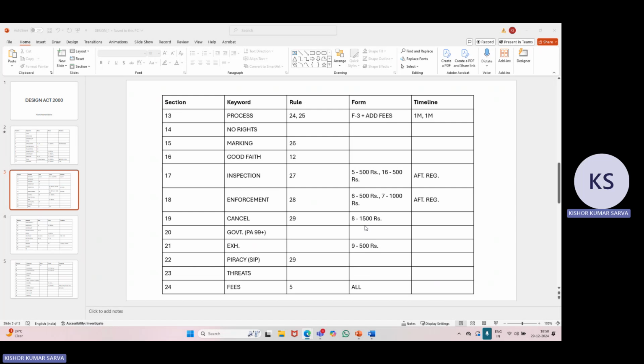That request he needs to put. After that exhibition, within 6 months, he needs to file the registration. Then only it is possible. He needs to file using Form 9 by paying 500 rupees.